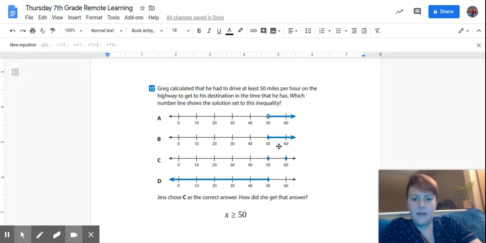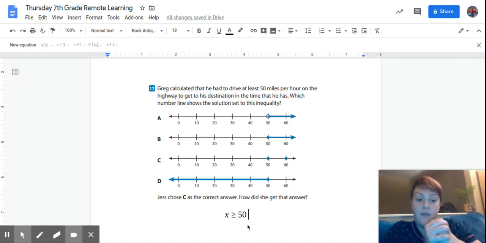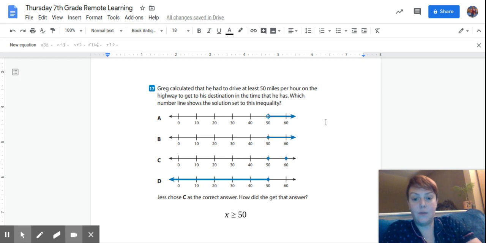And so that leaves us between A and B. I mean, obviously C is not the right answer because Jess chose it. But between A and B, which one of these is correct? Well, this is greater than or equal to, and that means that it includes 50. And if it includes 50, that means that the dot is filled in. This one means you have to go faster than 50. You cannot go greater than or equal to.